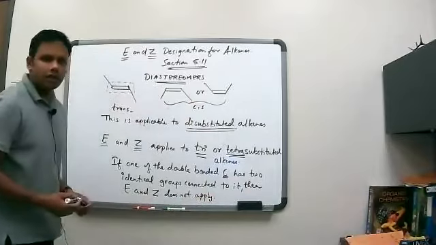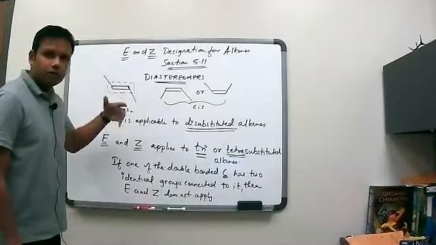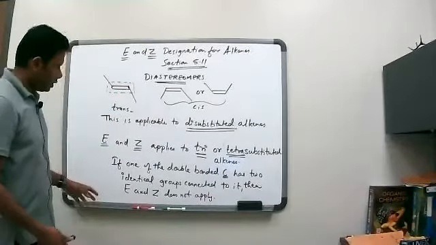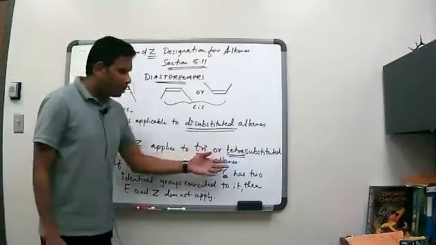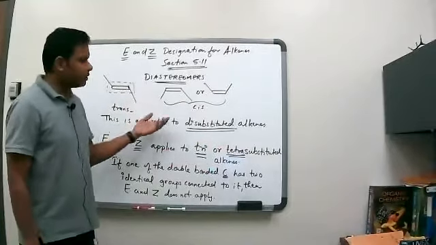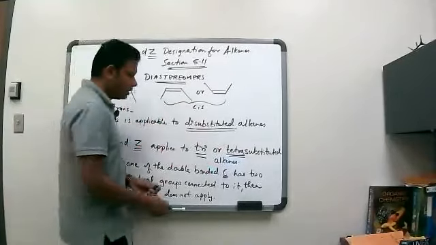Okay, so this is an exception. If one of these carbons has two of the same groups attached to it, then E and Z would not work. But it would apply to other tri- and tetra-substituted alkenes. You can even apply it to di-substituted alkenes, but for di-substituted alkenes, you can use cis and trans. You don't have to do E and Z.